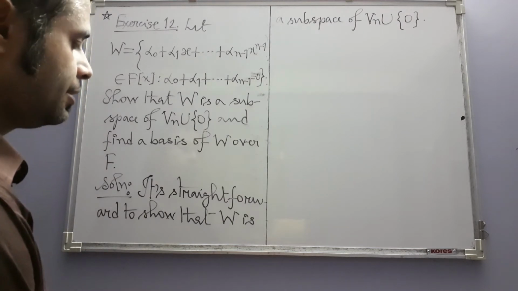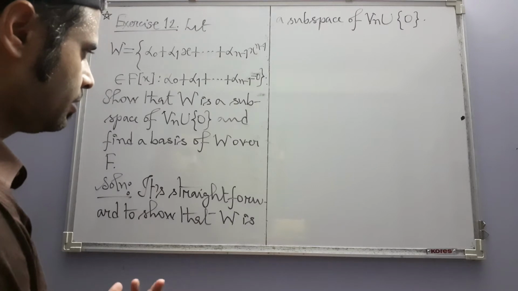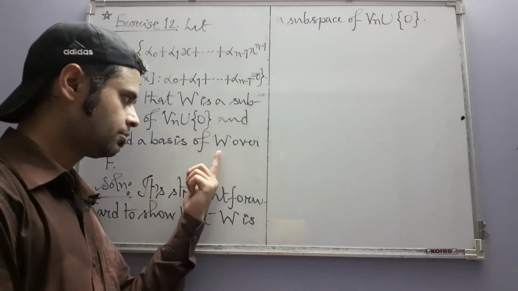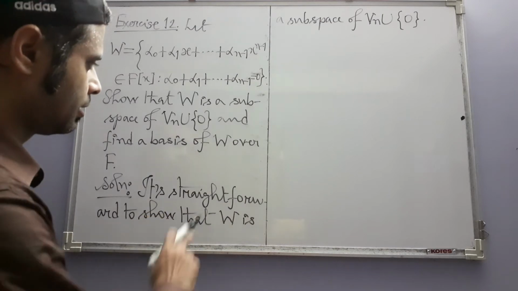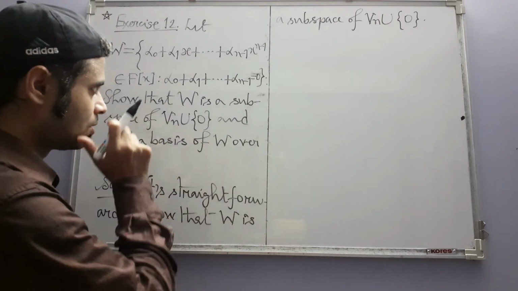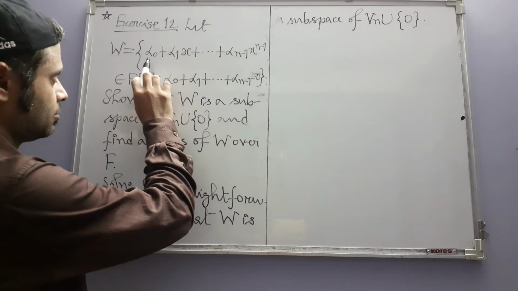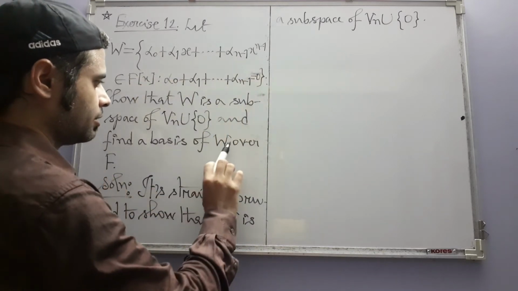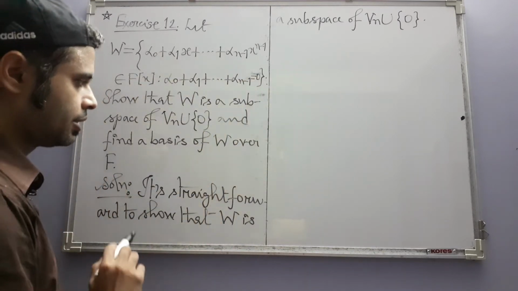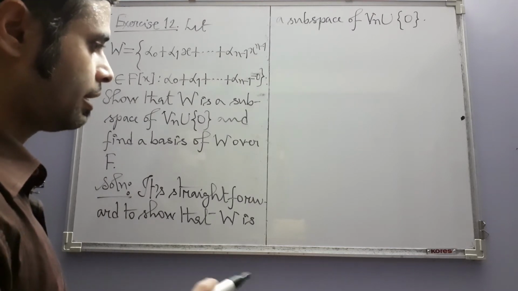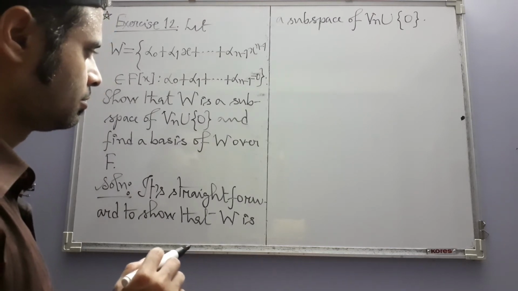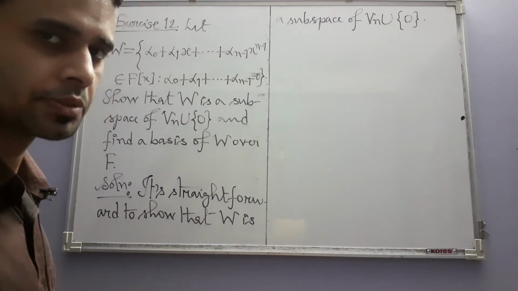Now when you are faced with the task of finding a basis for a subspace, what you do is take an arbitrary vector in that subspace and then try to see what are the vectors that are spanning that subspace.